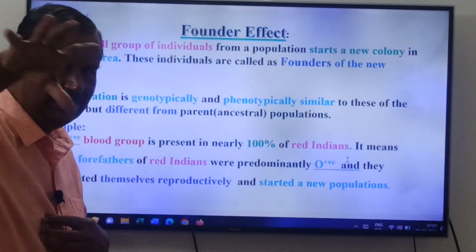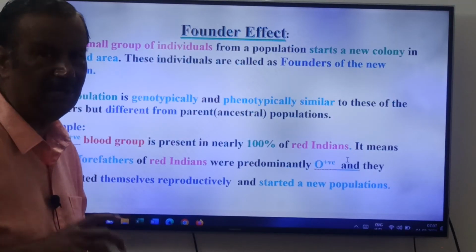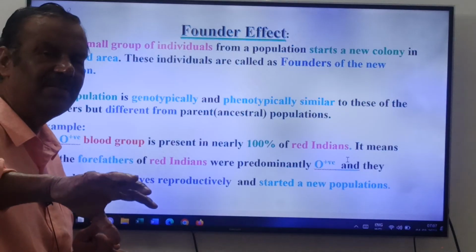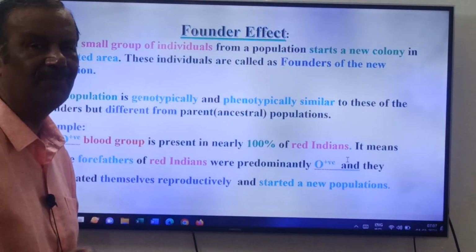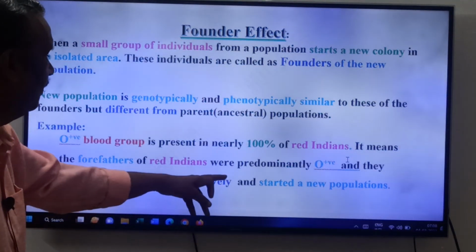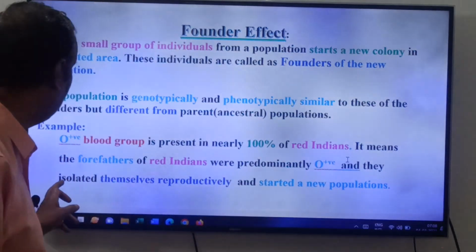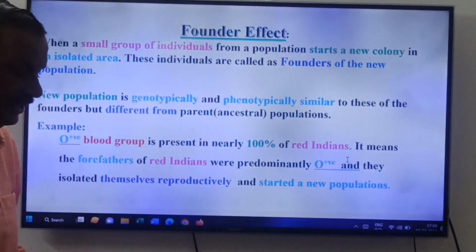The people who entered that new colony have O positive blood group. So now what happened, friends? The progeny of the new colony all have O positive blood group only.